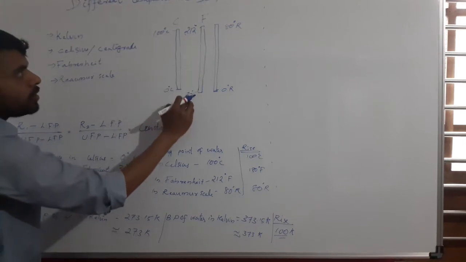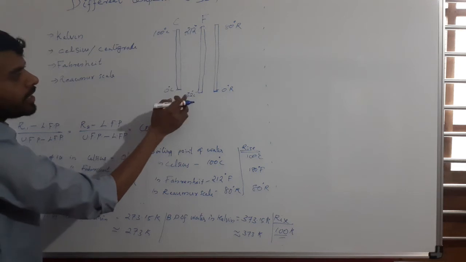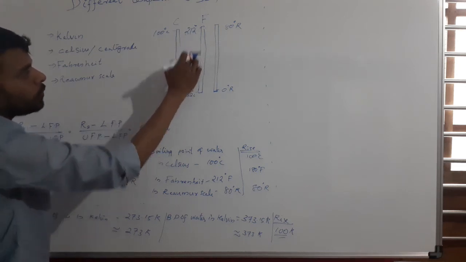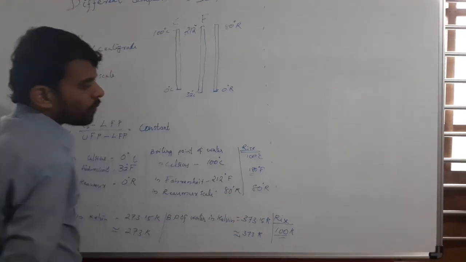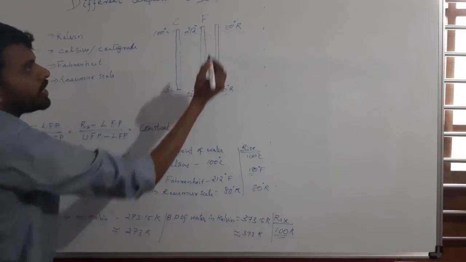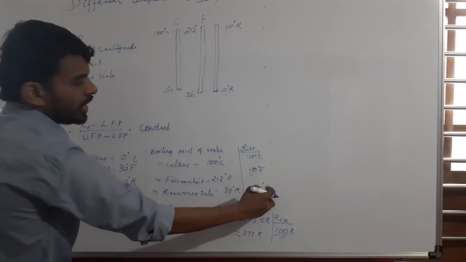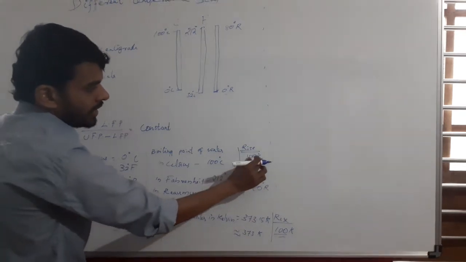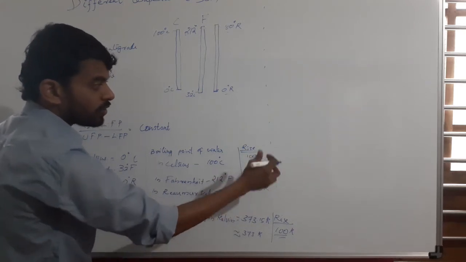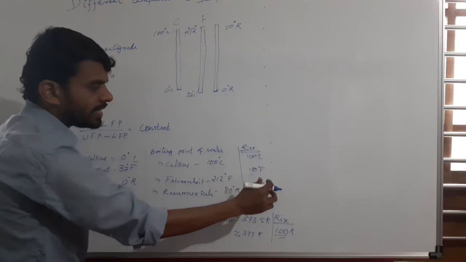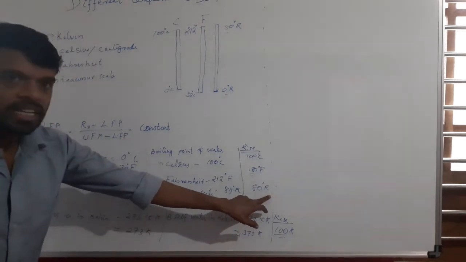So 212 minus 32 is the increase, which is 180. So in Fahrenheit it is 180. Here 0 to 80, so the rise in temperature is 80 degree Romer. So a rise of 100 degrees Celsius is equal to a rise of 180 degree Fahrenheit, which is the same as a rise of 80 degree Romer.